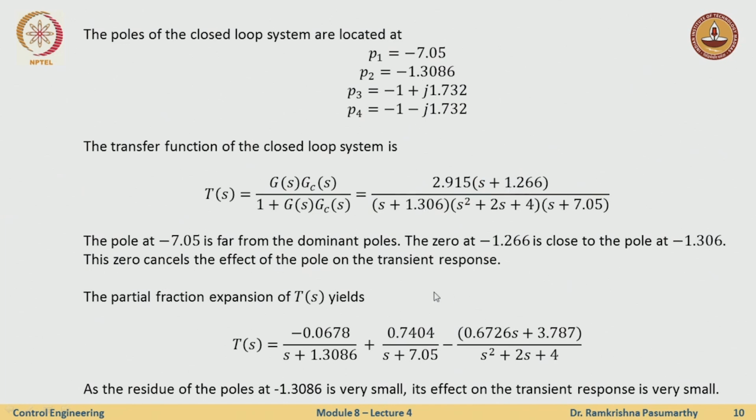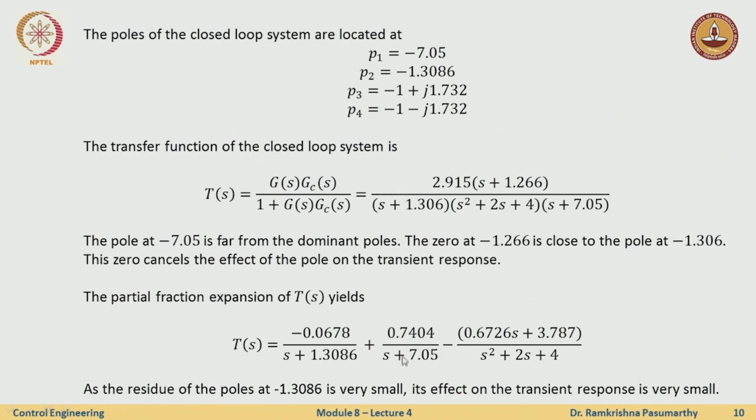So if you remember, last time it was desired that there should be a cancellation, as far as possible, between the 0 of the closed loop system and one of the poles here, and you see these are placed fairly close to each other, and therefore this minimizes the negative effect on the dominance of the remaining two poles. Okay. So what we see when we do the partial fraction expansion is there is a pole at -1.3, and there is a pole at -7.